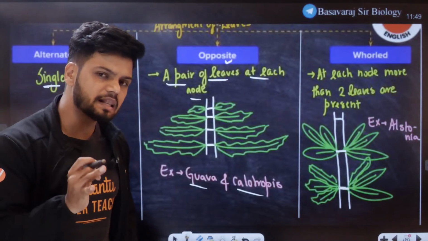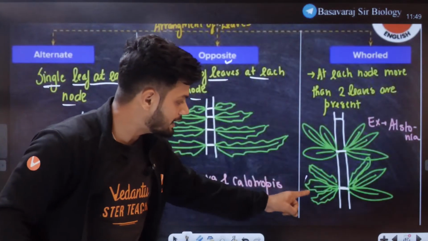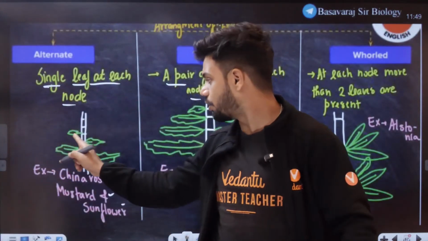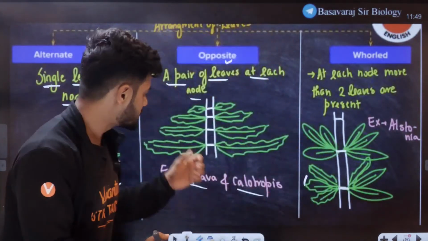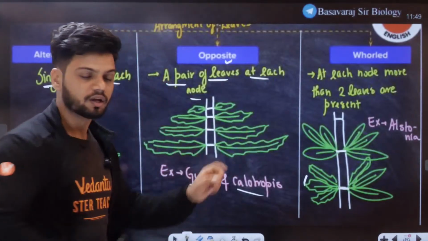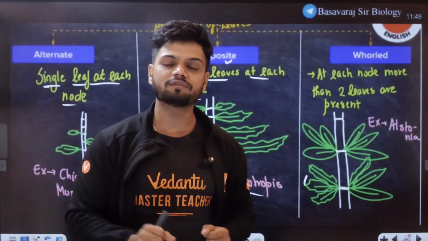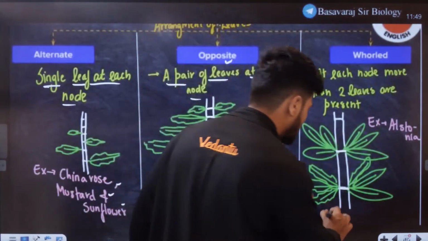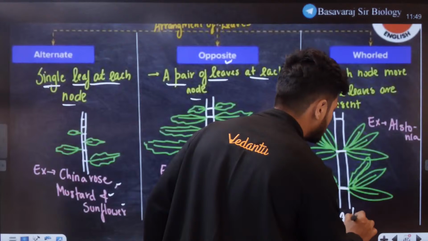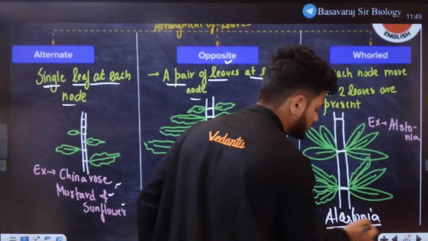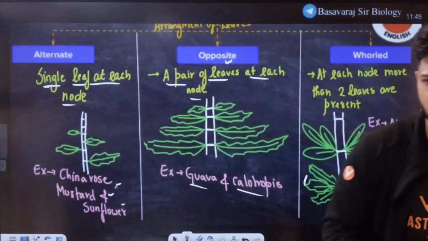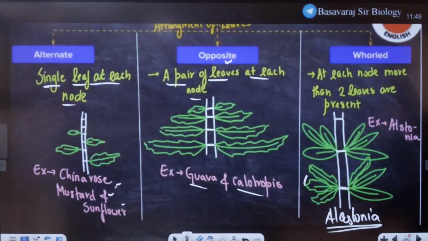At every single node here, do you see multiple leaves? So alternate is one leaf in an alternating manner. Opposite is two leaves in opposite directions. Whorl is a bunch of leaves at a single node. Example is Alstonia. Very simple to understand this simple concept of arrangement of leaf.